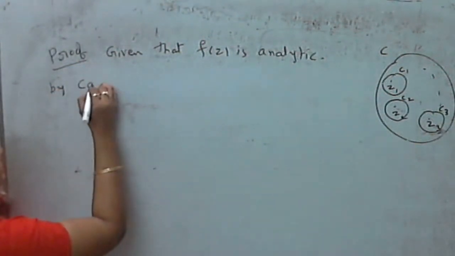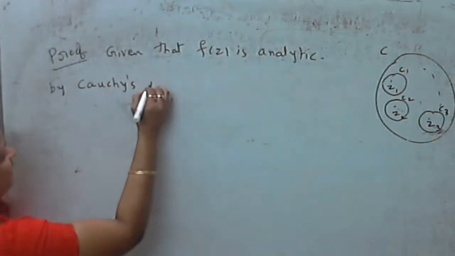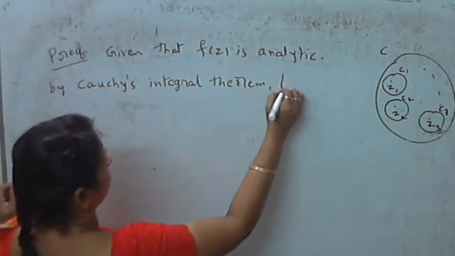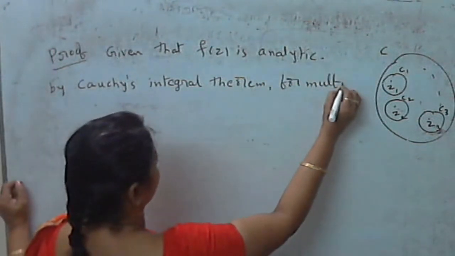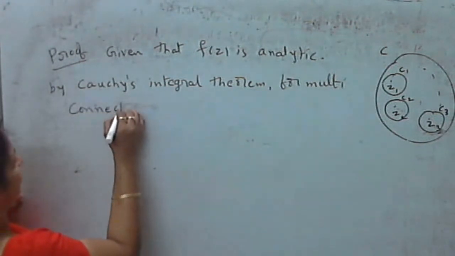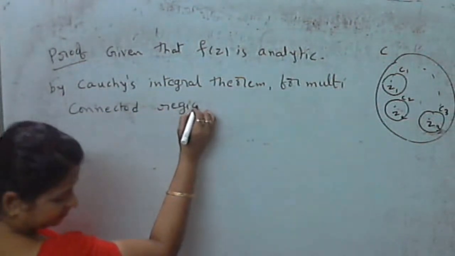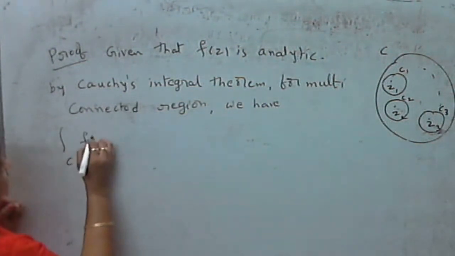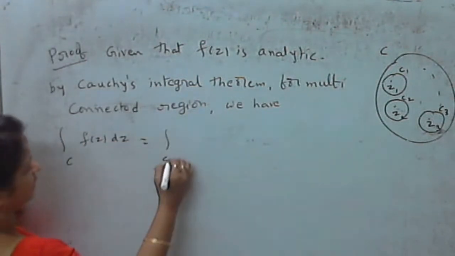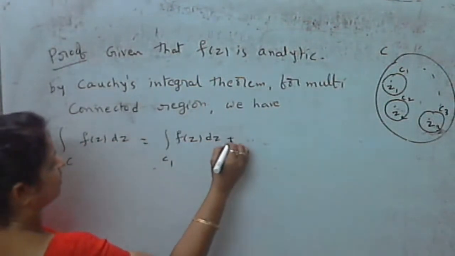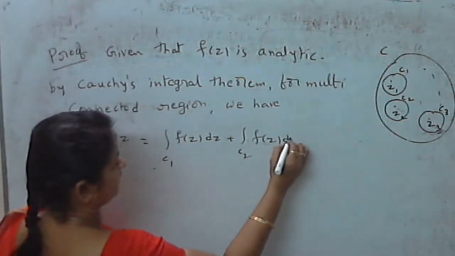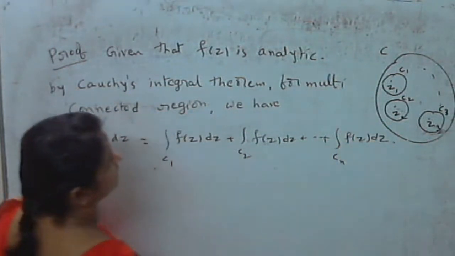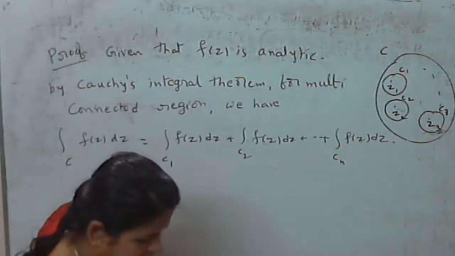So by Cauchy's integral theorem for multi-connected region, we have the integral over C of f(z) dz equal to the integral over C1 of f(z) dz plus the integral over C2 of f(z) dz plus and so on plus the integral over Cn of f(z) dz. So this is Cauchy's integral theorem for multi-connected region.